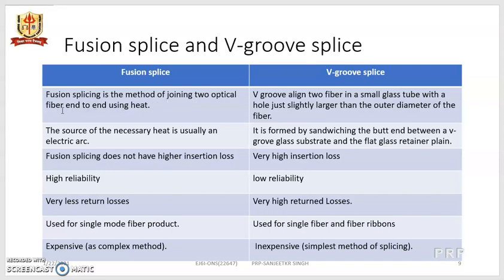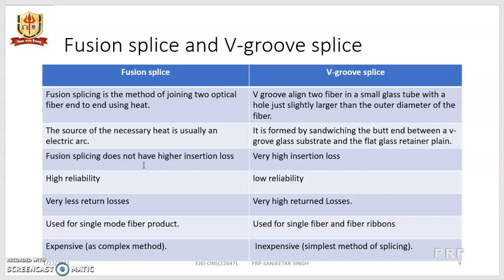In fusion splicing, fiber ends are joined end to end using localized heating, and the source of the heat is generally provided with the help of an electric arc. Whereas in V groove, the butted ends are sandwiched between a V groove glass substrate and the flat glass retainer plate, aligning the two fiber ends.